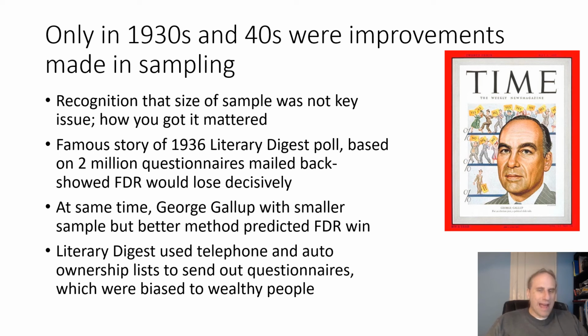Back in the 30s, there was actually a chunk of people who didn't own telephones and didn't own cars, which meant that the Literary Digest survey was biased towards wealthier people. And in the election of 1936, poorer people broke decisively for Franklin Delano Roosevelt, which the Literary Digest completely missed.